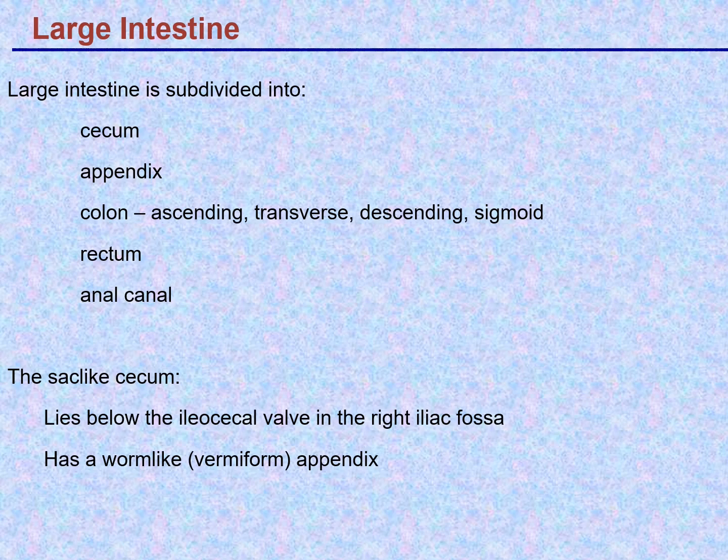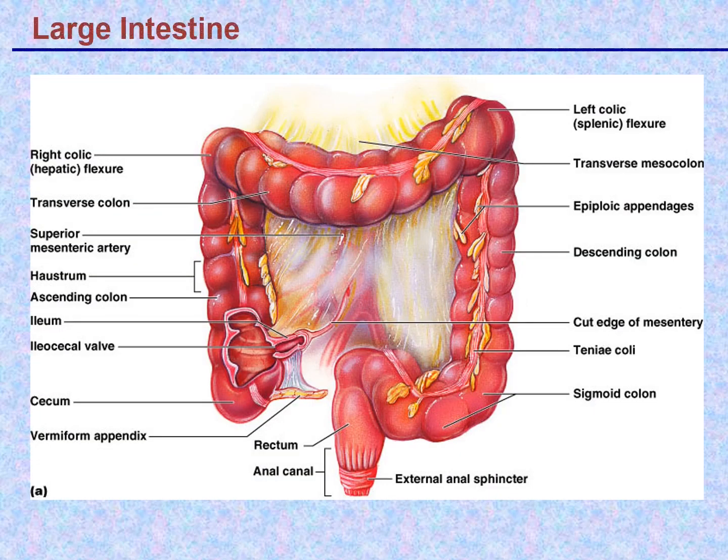The sac-like cecum is just below the ileocecal sphincter or valve and has a worm-like appendix hanging off of it. You often hear the appendix described as vermiform, from the Latin verm, or worm. It's worm-like. That's what vermiform means.